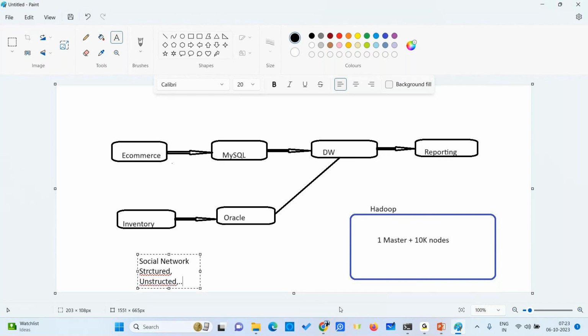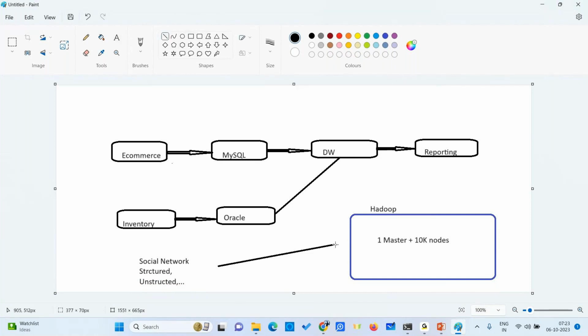So this is again a different data. Now this data is also taken and stored in this file system, that is in Hadoop.